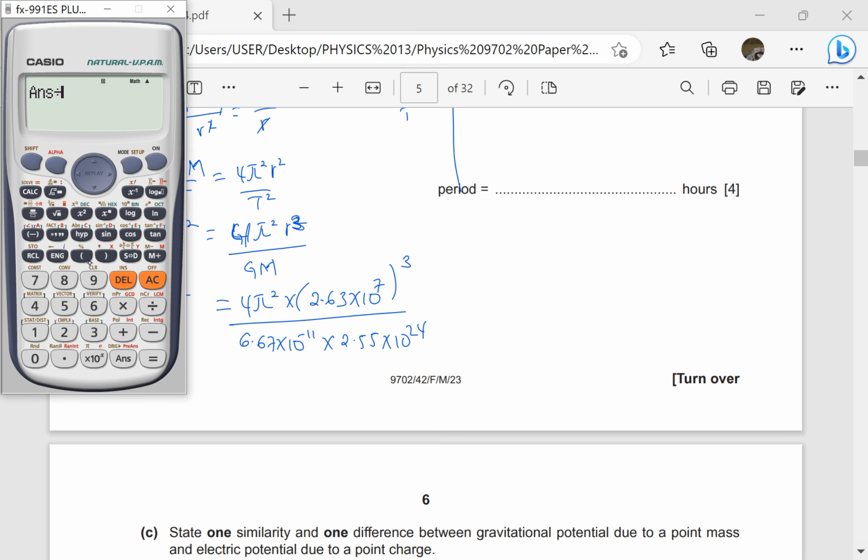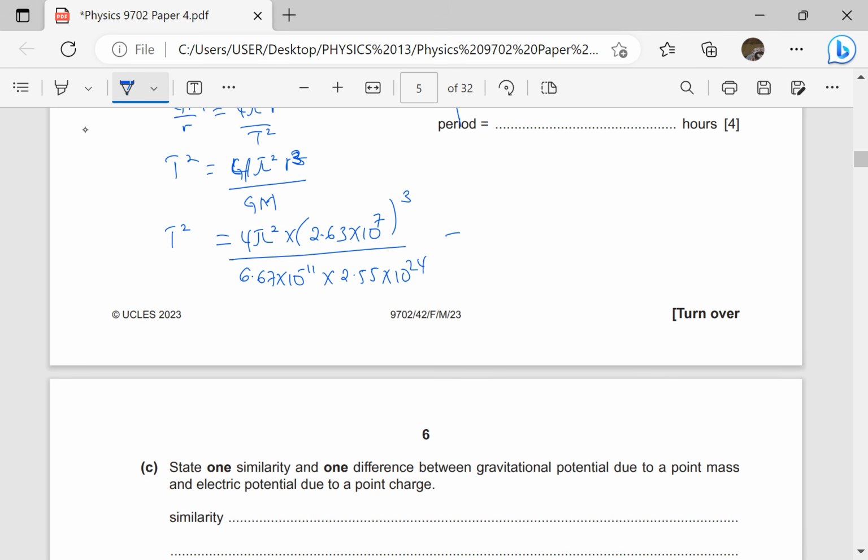Again, I'm supposed to also divide by 2.55 exponent 24. So I am getting 4.22 times 10 power 9. That is going to be, of course, seconds squared.